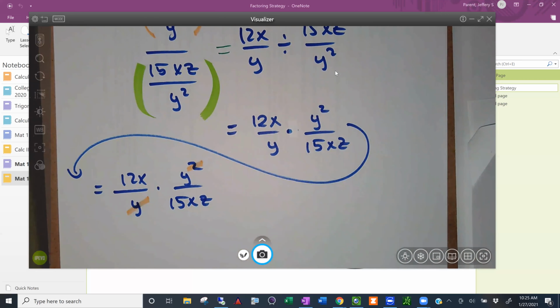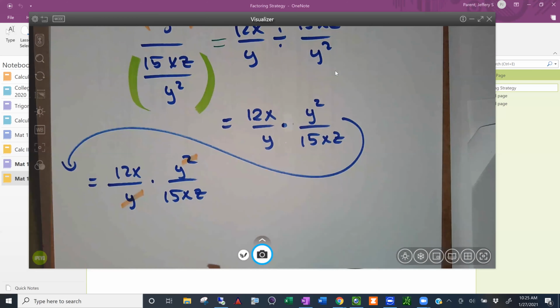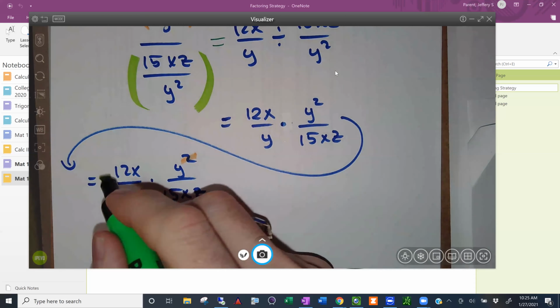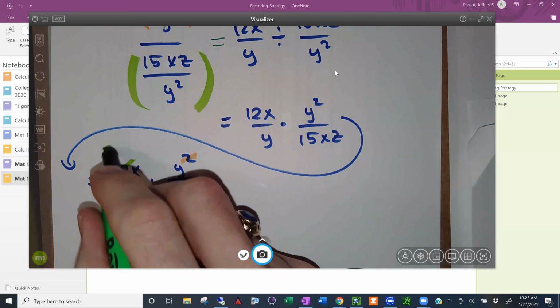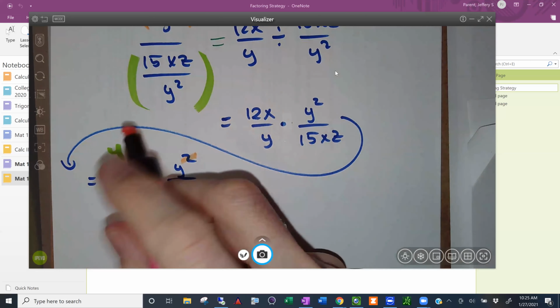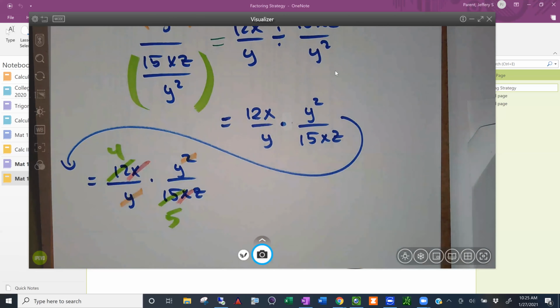Can anything else disappear? Or am I done? You can divide by 3. All right. 3 goes into 12 4 times and into 15 5 times. Nice. Anything else? The x? Yeah, the x disappears.